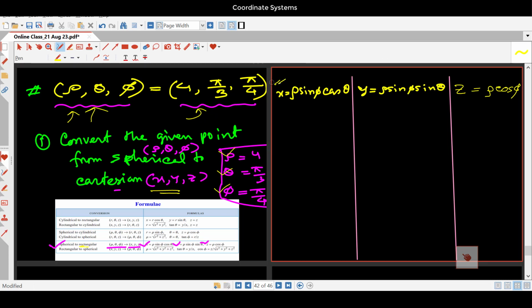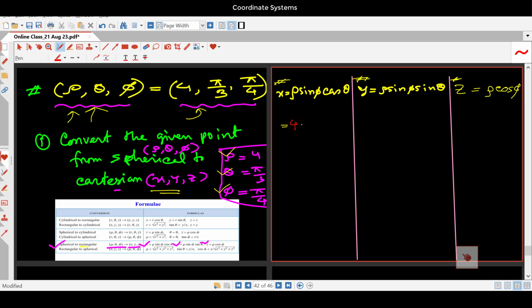The formula is x equals rho sine phi cosine theta, y equals rho sine phi sine theta, and z equals rho cosine phi. So we just need to input all these values here, that is the values of rho, phi and theta will be plugged in, and then we will get the result for x, y and z.